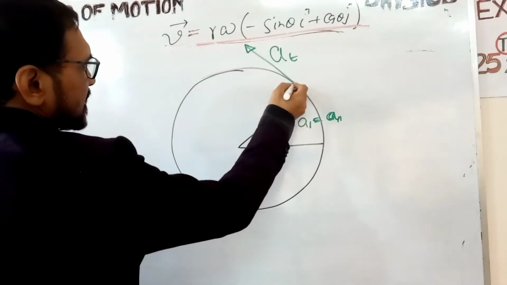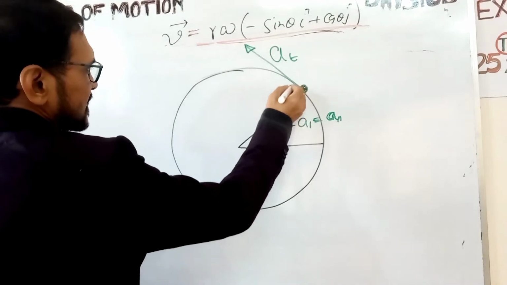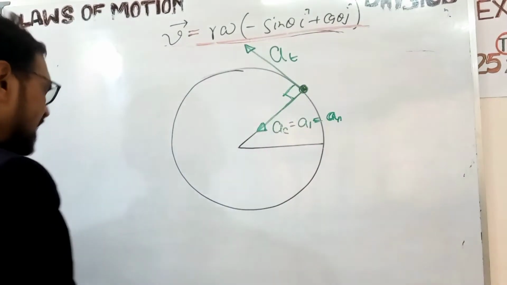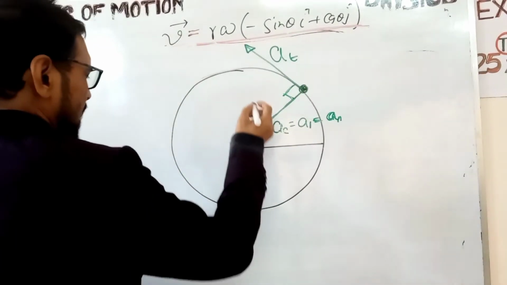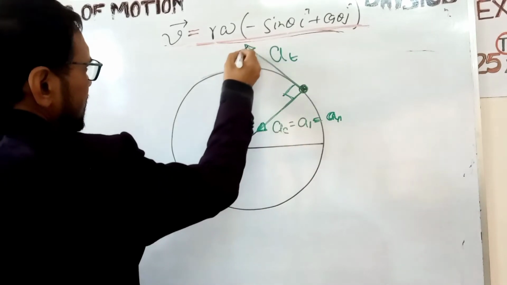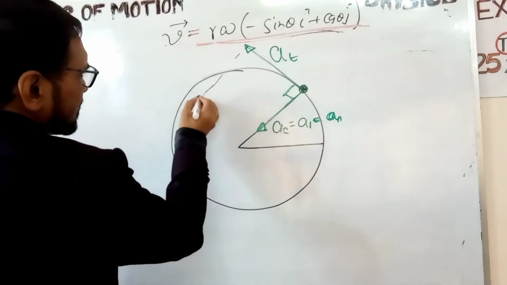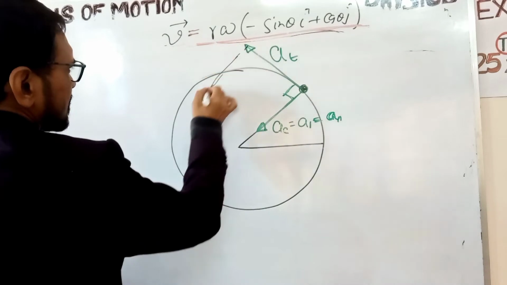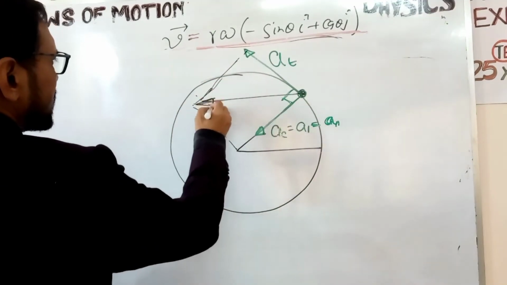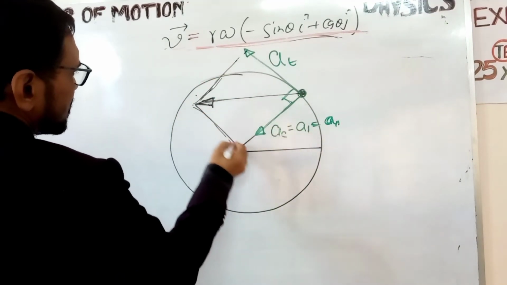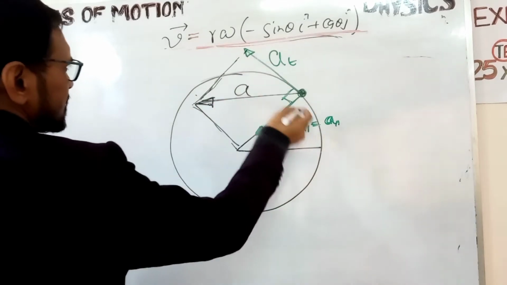The angle between AT and AC is 90 degrees. Now what is the actual direction of A? The direction of A is along this. If you draw the parallelogram, then the direction of A is this.